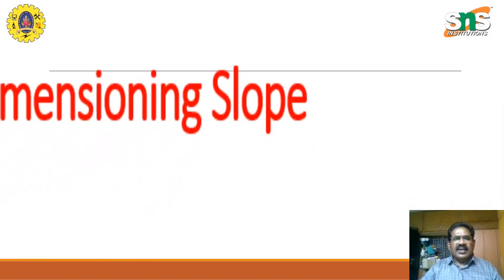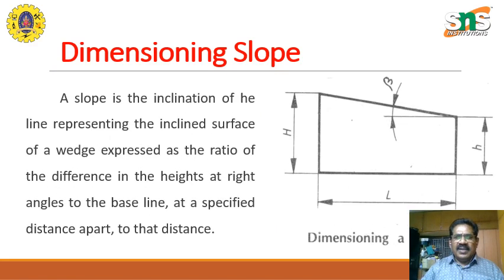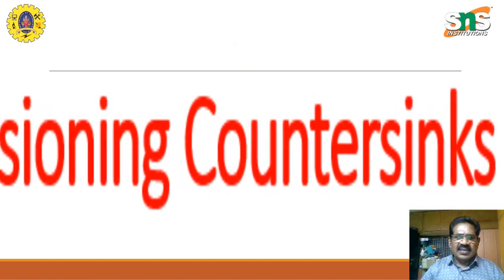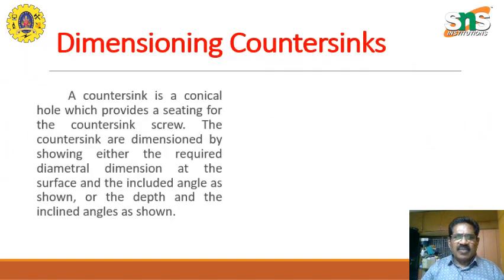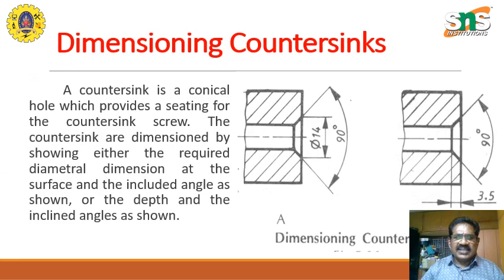Okay, dimensioning of slope. As we said, if I travel for a distance L and the slope is beta, that is what it says here. You can also have dimensioning of countersinks. A countersink is generally made at 90 degrees.